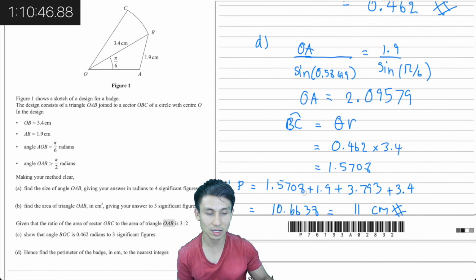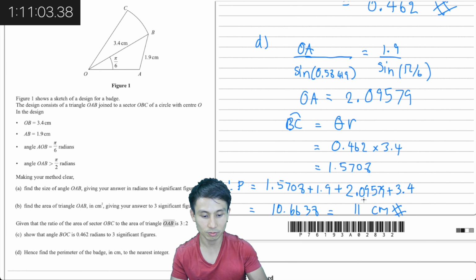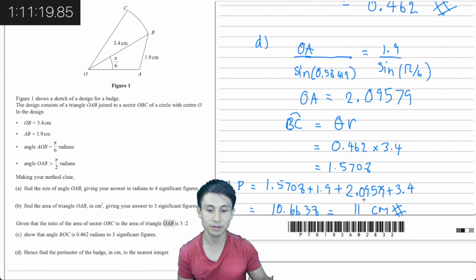So we, and the arc here is fine. So the arc, the 1.41, and this is the OA. Yeah, so OA should go here. All right. So do it again. 2.09579 plus 3.4, 4 sides already.